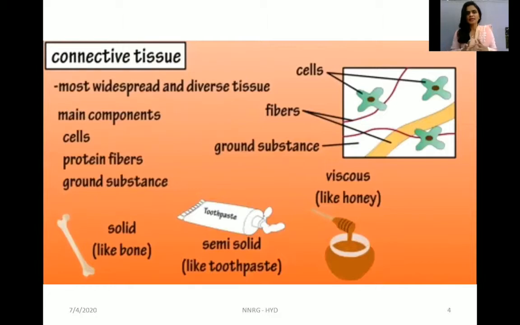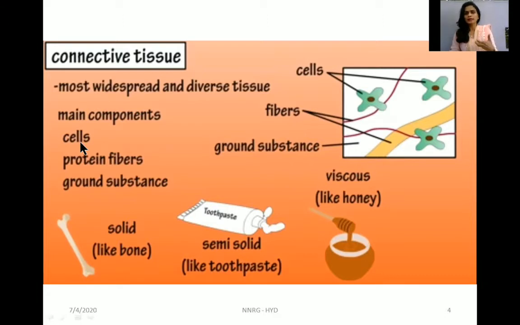Basically, connective tissue is a widespread, abundant, diverse tissue of our body. The main components of connective tissue are the cells, which we discussed just before, protein fibers, and a ground substance. The ground substance is an extracellular matrix which is produced by the connective tissue cells.